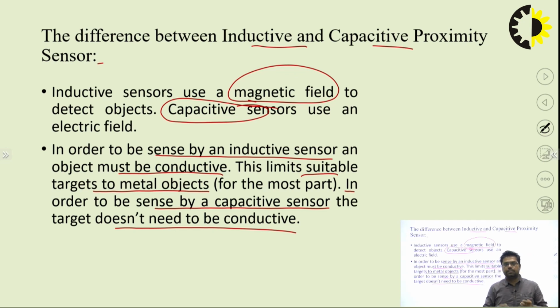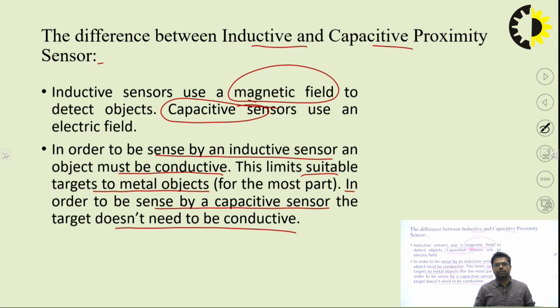One more major difference between the inductive and capacitive sensors is that in the case of inductive sensors, only a metal object should be nearby as the target so that the inductive sensor will operate.